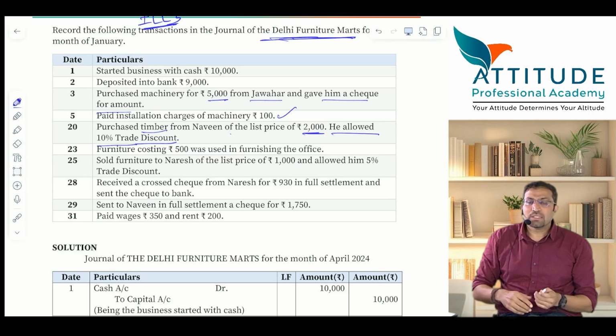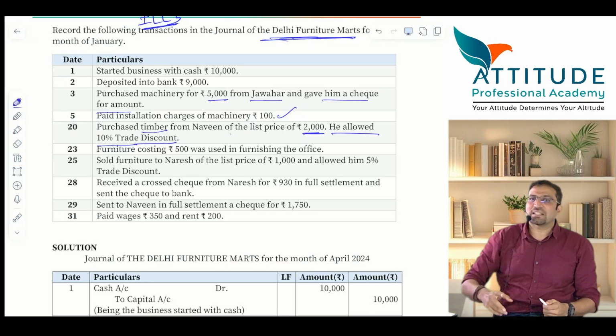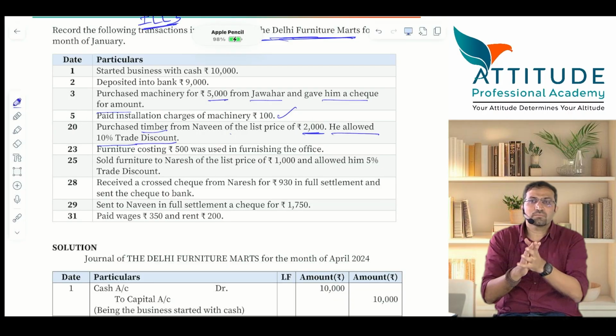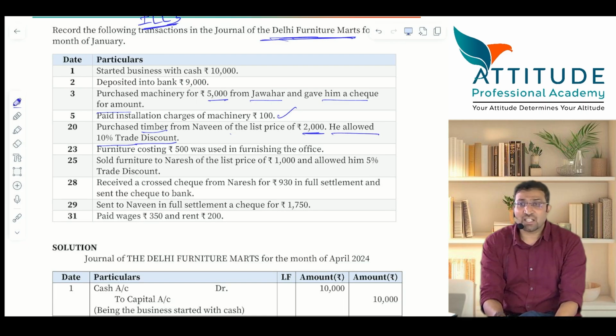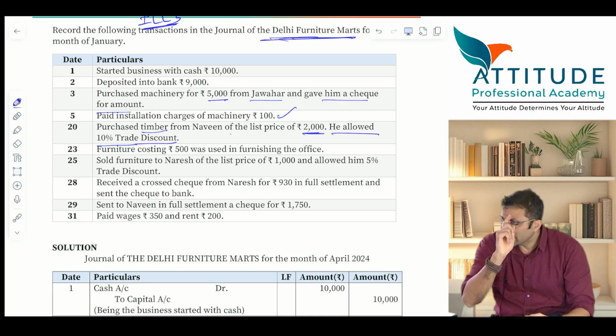Now see, as and how the things come, I give the explanation then and there itself. So listen carefully. Now, guys, concentrate here. First of all, what is trade discount and what is cash discount? There are two types of discount, trade discount and cash discount. Hear it carefully.